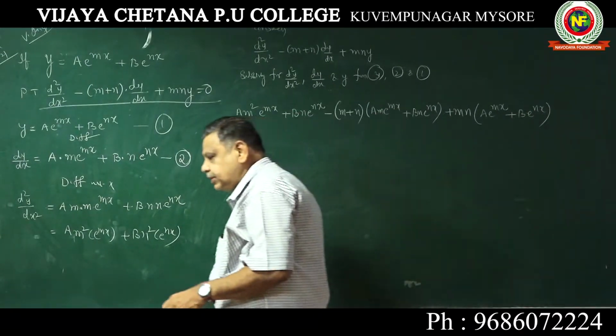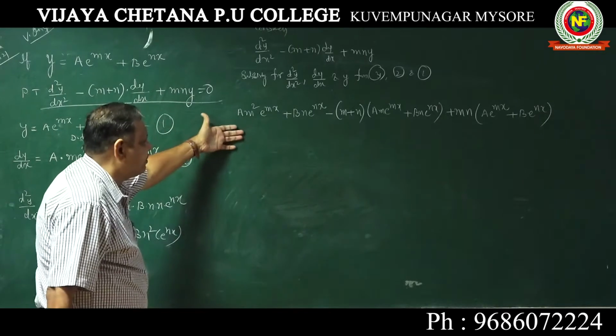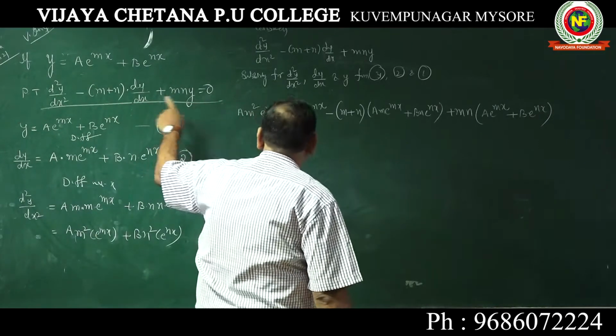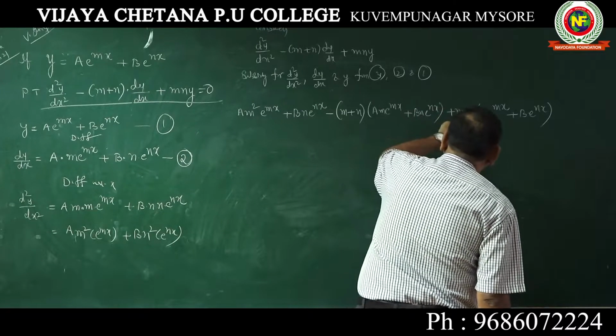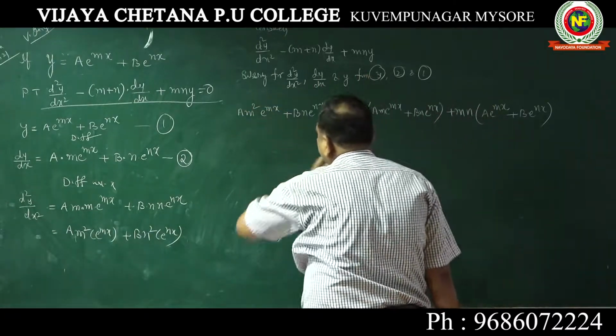So substitute for d square y over dx square, dy by dx and y from 3, 2 and 1.